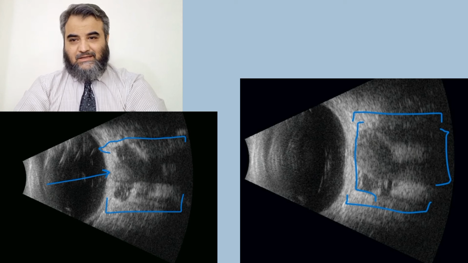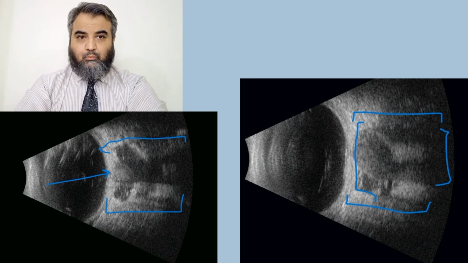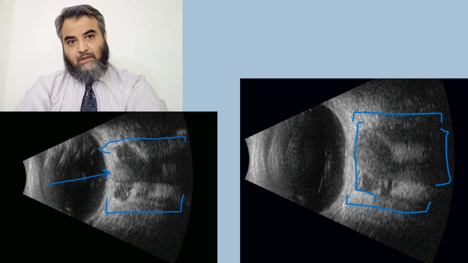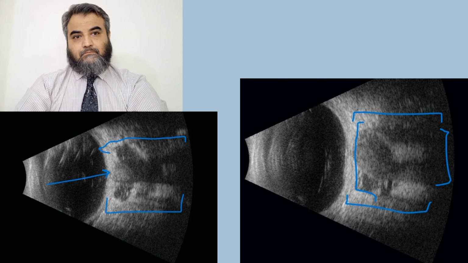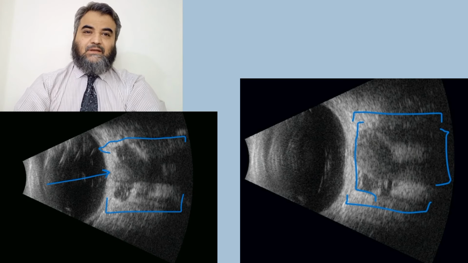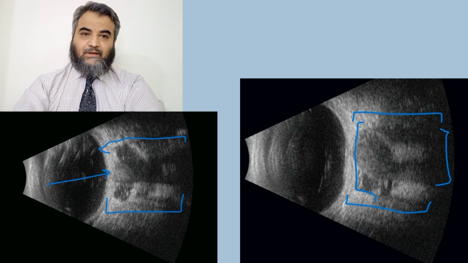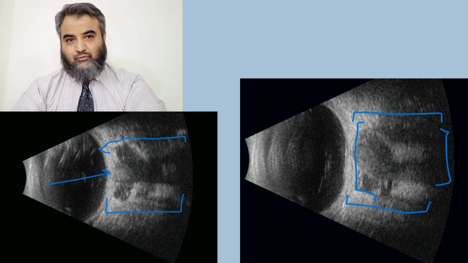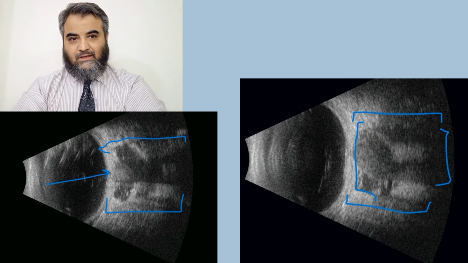And the second thing is, in these blue boxes, I have shown the accumulation of fluids. Usually in posterior scleritis, fluid accumulates around the optic nerve and posterior to the episclera, which we usually call the T sign.